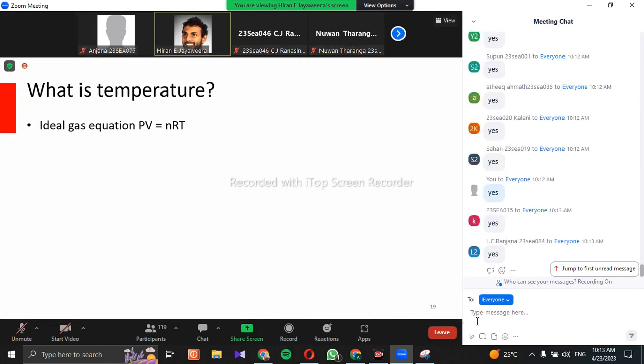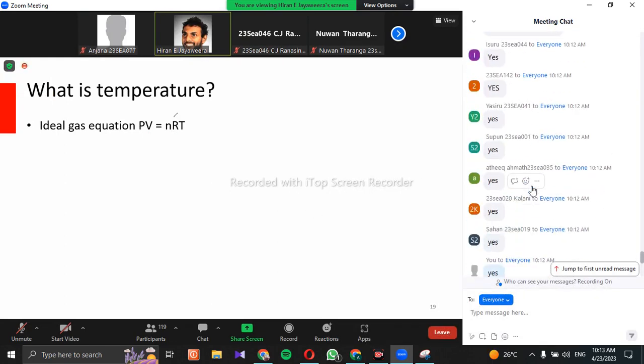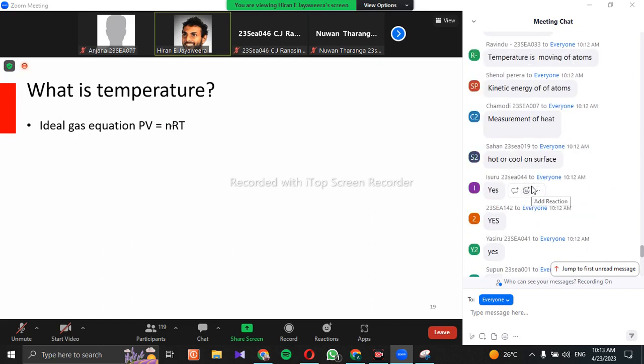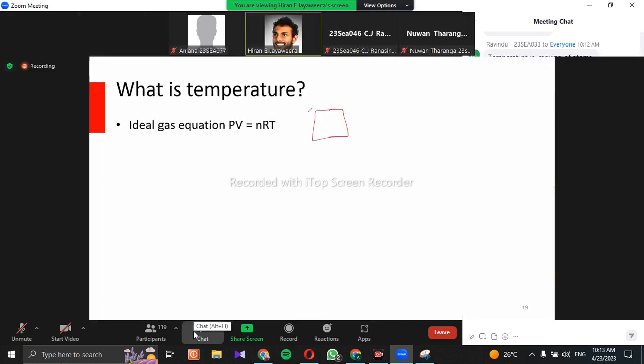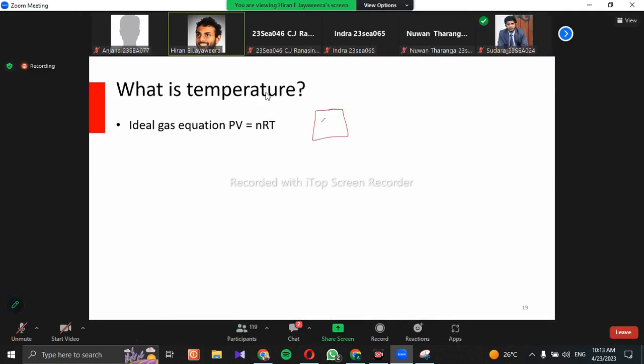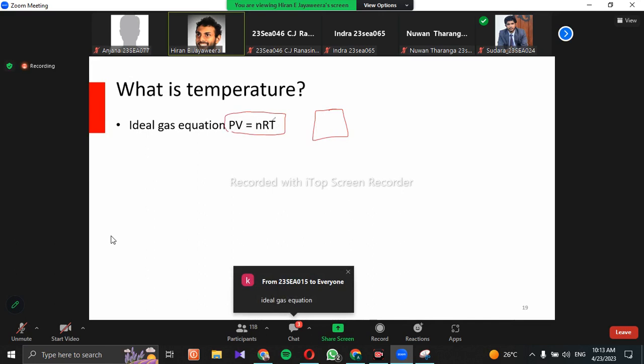Okay. Most of you know, a few of you don't. So it's pressure, volume. n is the number of moles that you have, R is a constant, and T is the absolute temperature, right? This is for some sort of air in a closed volume. If you have a number of moles at a temperature, this equation represents how the pressure, volume, and temperature vary.